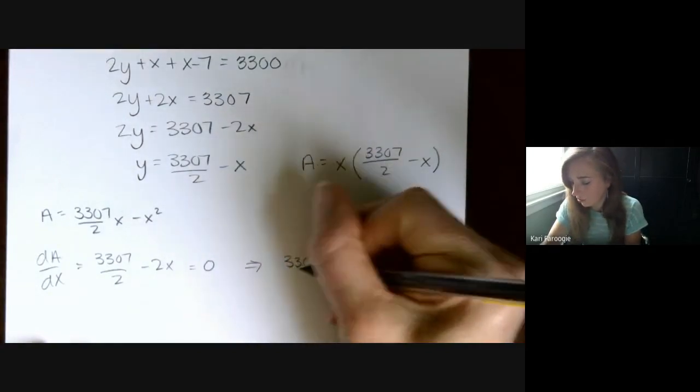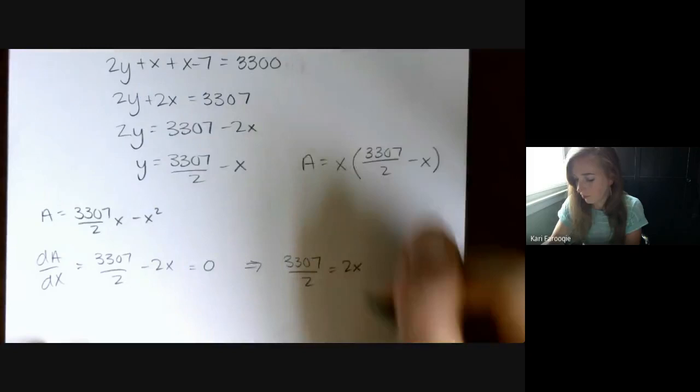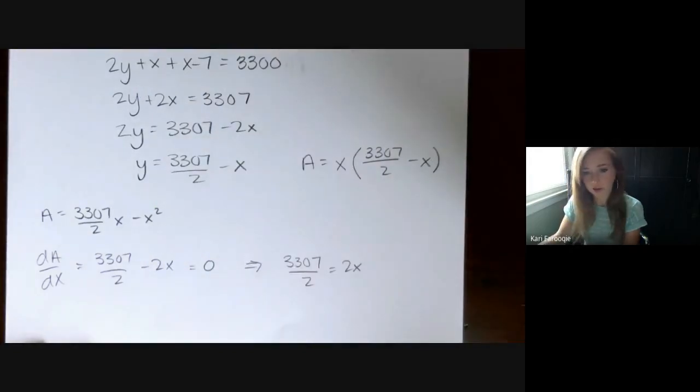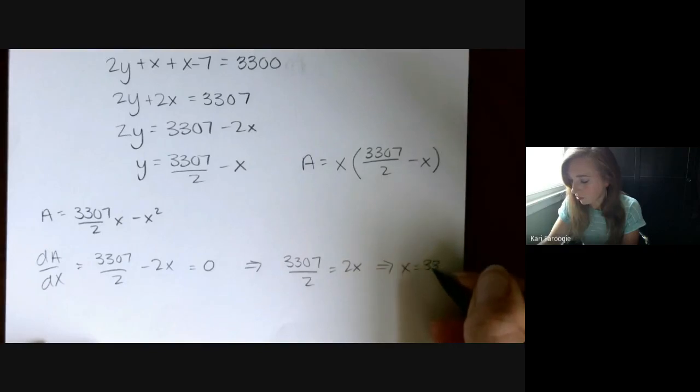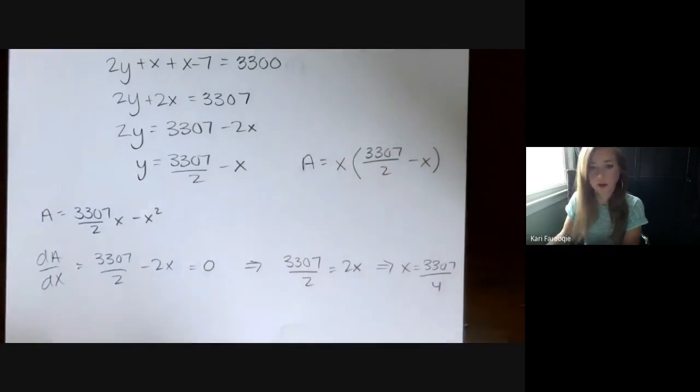It's kind of up to you how you want to solve this. I would just add the 2x on both sides and divide by 2, and you'll get x equals 3307 divided by 4.